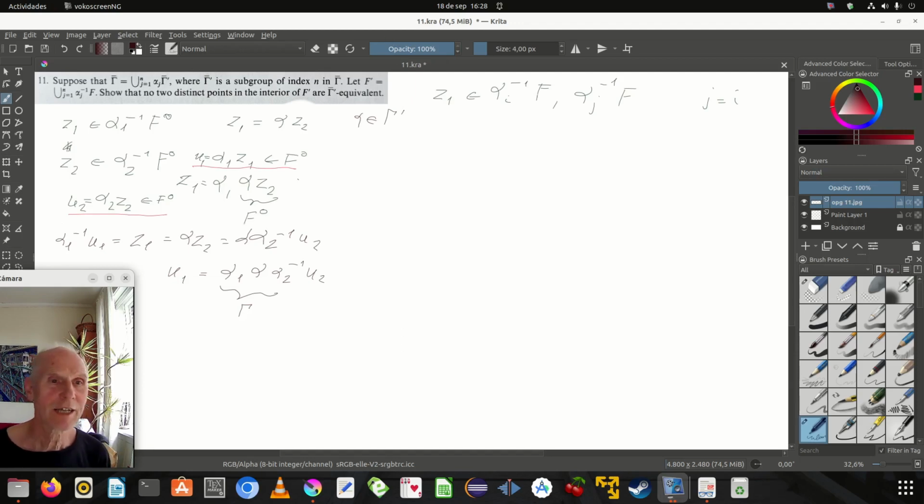All right, I had time to look it over. Alpha 1 and alpha 2 generate different side classes, and alpha lies in gamma mark. And now U1 and U2 are points that are gamma equivalent in the interior of the fundamental domain.